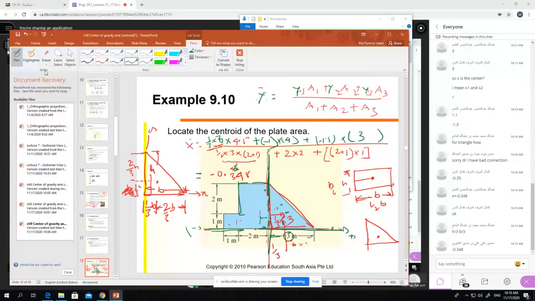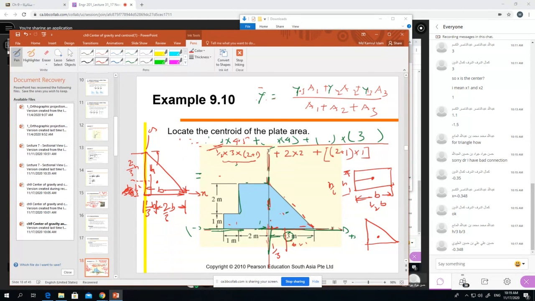Only this y will be changing, this will be changing, and this will be changing, everything else will be the same.